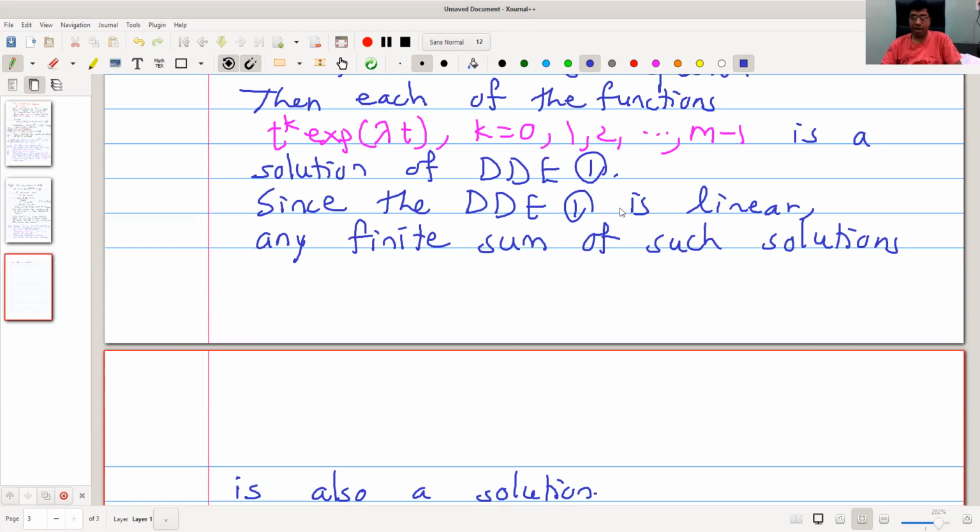So what happens in that case? Can we consider an infinite sum? Here we had a finite sum, so can we consider a linear combination of infinitely many such solutions? The answer is yes, we can do this if that series is convergent. If we consider an infinite sum, it is called a series, and if that series is convergent, then there is no problem. Otherwise, we cannot.